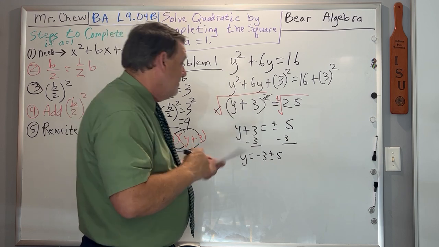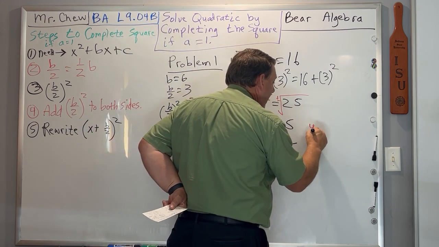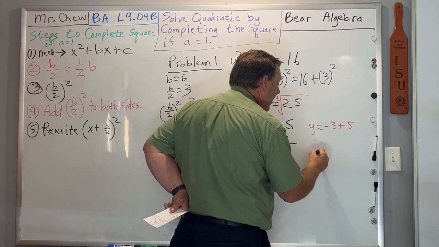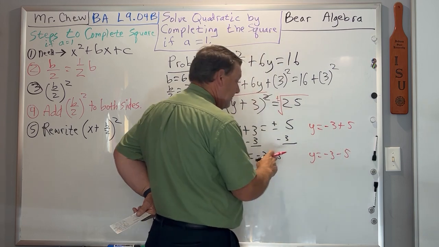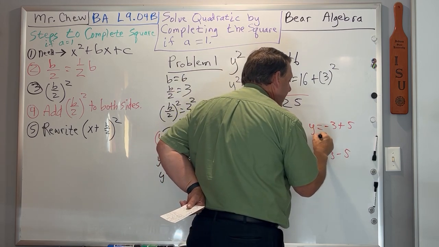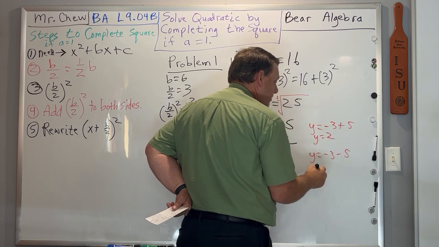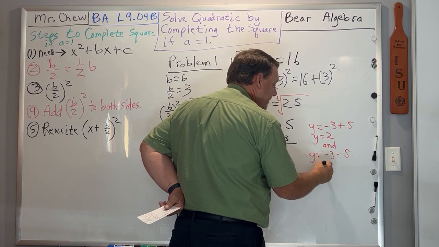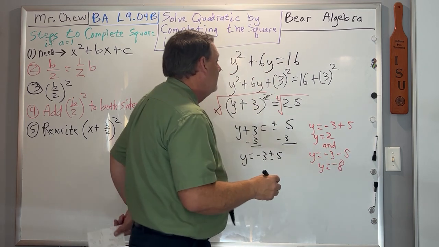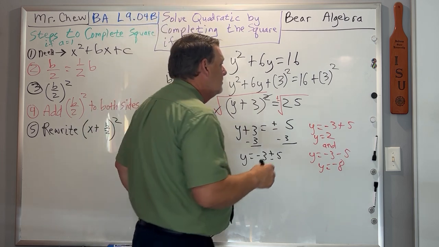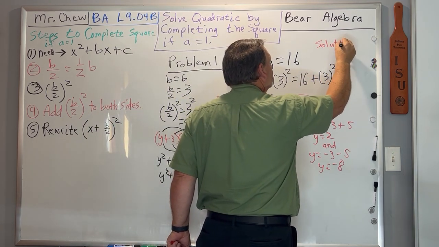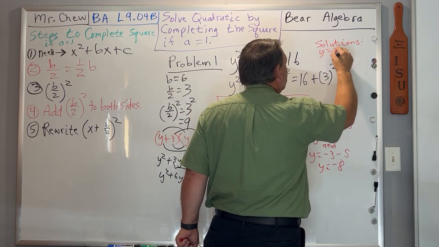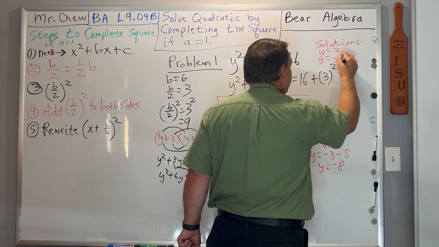So what does that mean? That means either y equals -3 plus 5 or y equals -3 minus 5. So y equals -3 plus 5 is 2, and y equals -3 minus 5, which is -8. So my two solutions are y equals 2 and y equals -8.